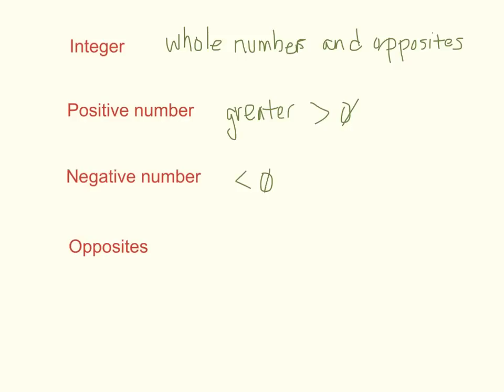Opposites. An opposite, and I think most of you got this in class today, has the same, and we want to use the word distance. It's a measurement. Distance from 0.